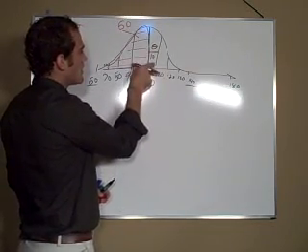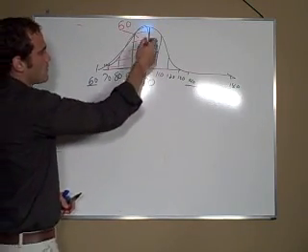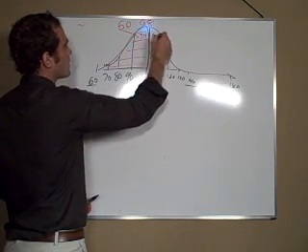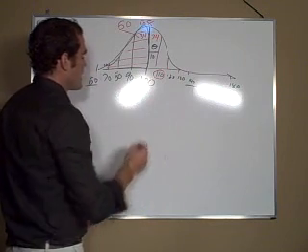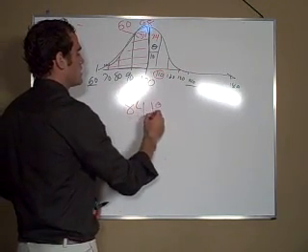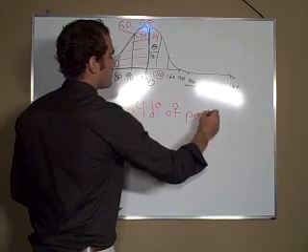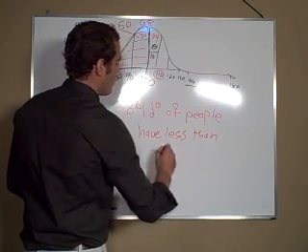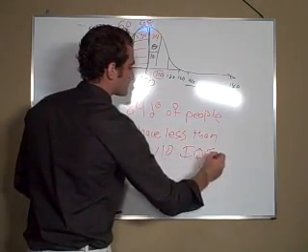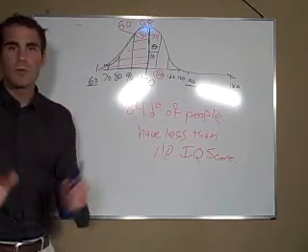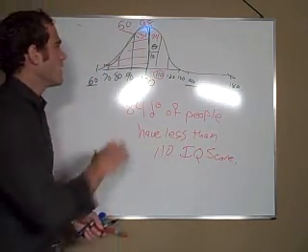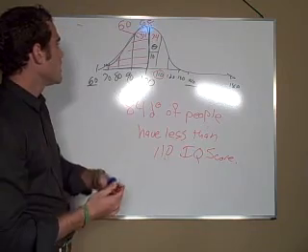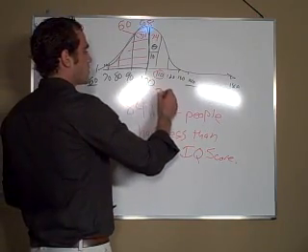And I also know that within 1 standard deviation on either side is 68%, which means 34 here and 34 here. So I could easily tell you that 84% of people have less than a 110 IQ score. No problem. Pretty easy. There was no conflict. It was just very easy. This is by the empirical rule.